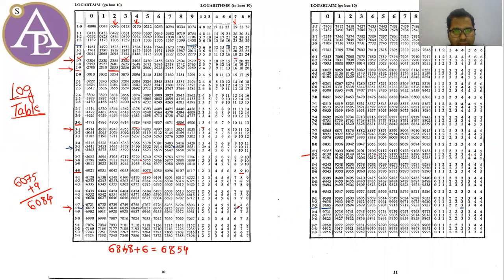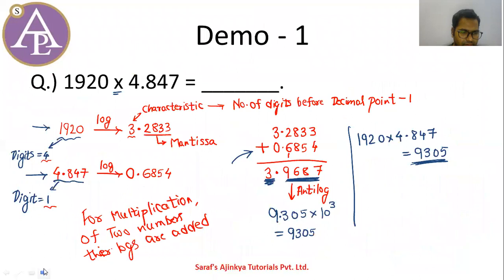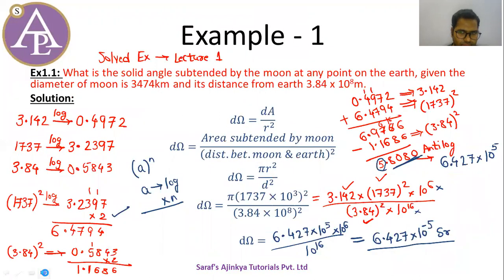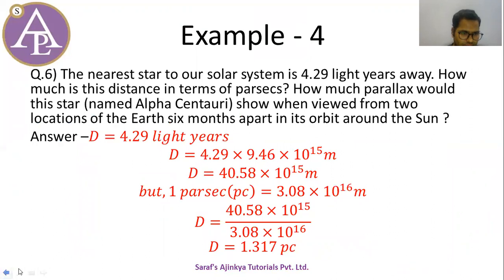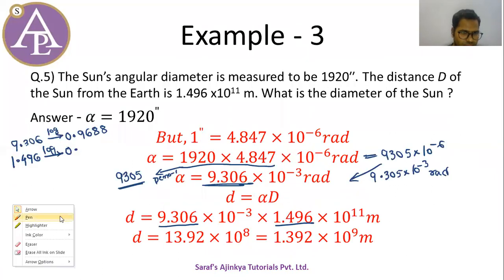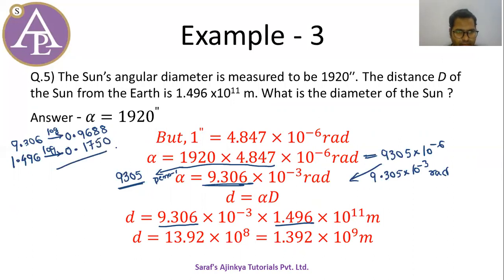So 1732 plus 18. 1732 plus 18 is 1750. And then because these two are multiplied, you add them, so this will be 8. And this will be 14 carry 1. This is again 14 carry 1 and this will be 11 and this is carry 1.